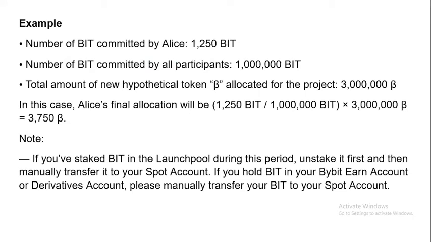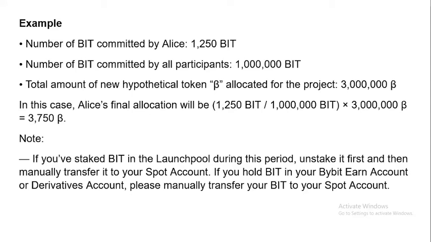For example, the number of BIT committed by Alice is 1250 BIT. The number of BIT committed by all participants is 1 million BIT. The total amount of new hypothetical token allocated for the project is 3 million, whatever the token is.